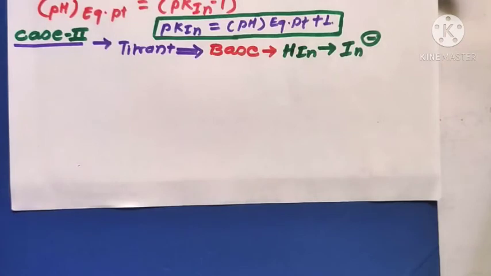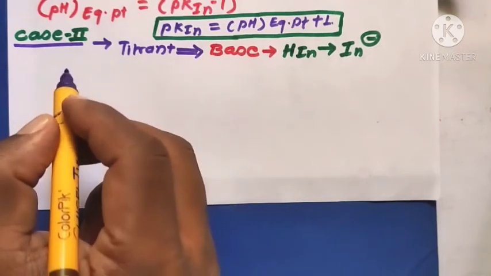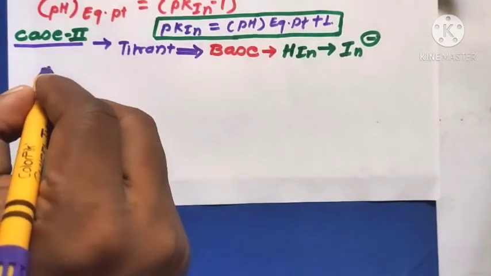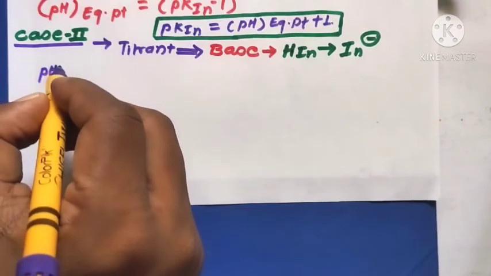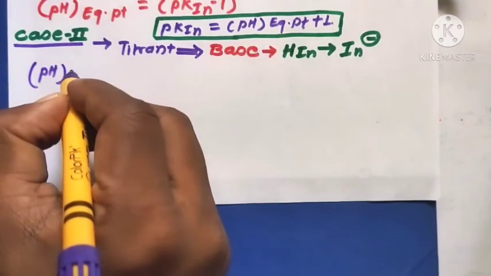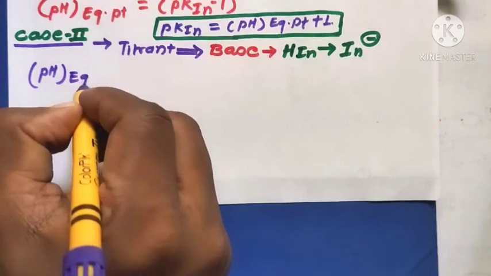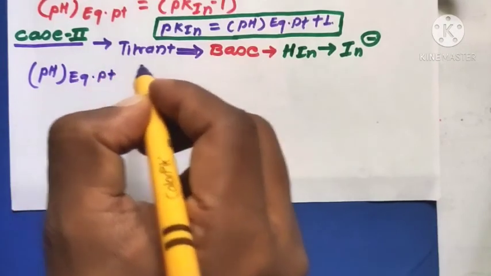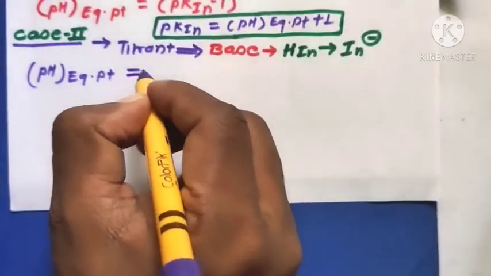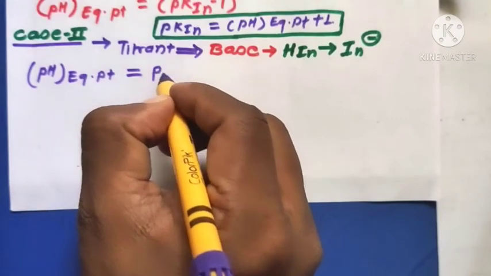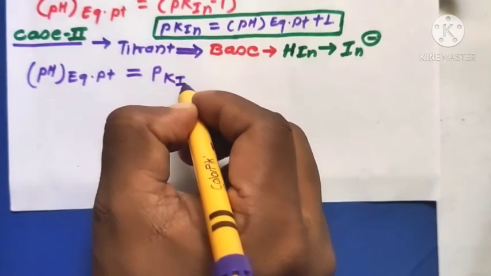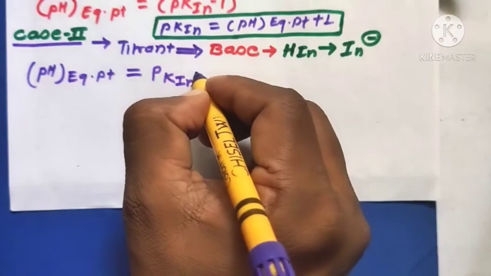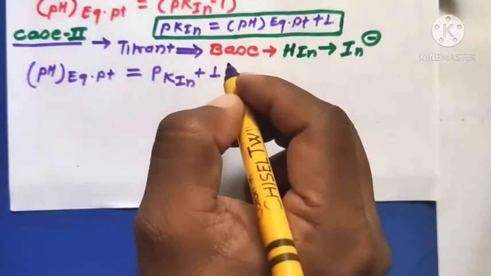Therefore, pH at the equivalence point is equal to pKin plus 1.